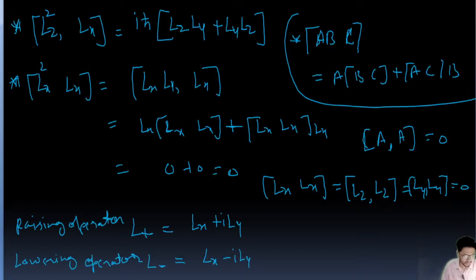Next, I'll solve the question. This commutation you need to solve, that is L square with L plus minus. L plus minus we know.